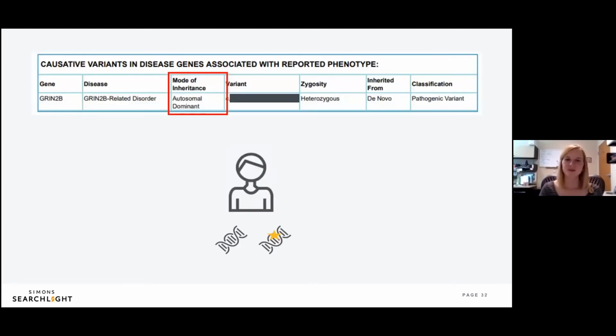Moving ahead though now, there's typically a section labeled mode or type of inheritance. And that's getting back at that autosomal dominant pattern that we talked about, where somebody has a change in one of their 2 GRIN2B copies, and that's enough to show medical or developmental differences.